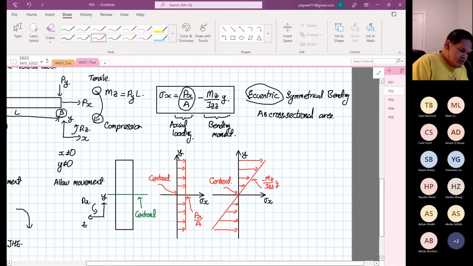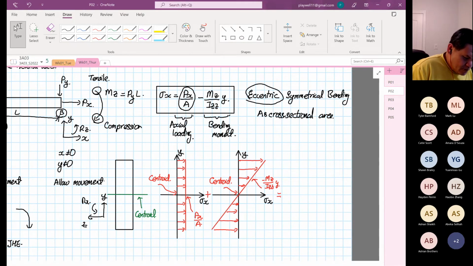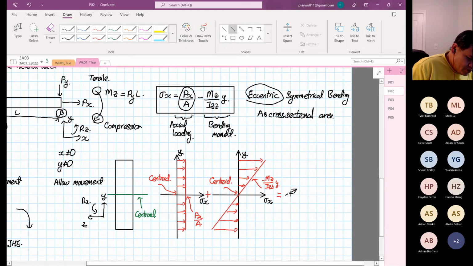Now, if we add these two graphs together, we get an outcome. So this is equal to what? When we add those two together, it's what we call superposition. So this is our stress in the x direction, y.